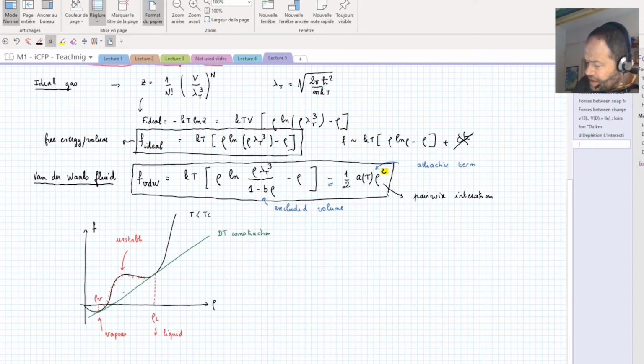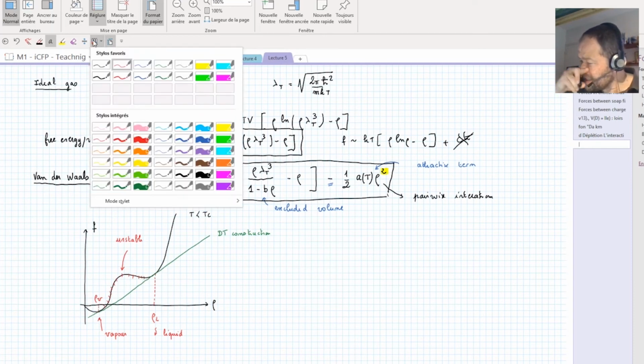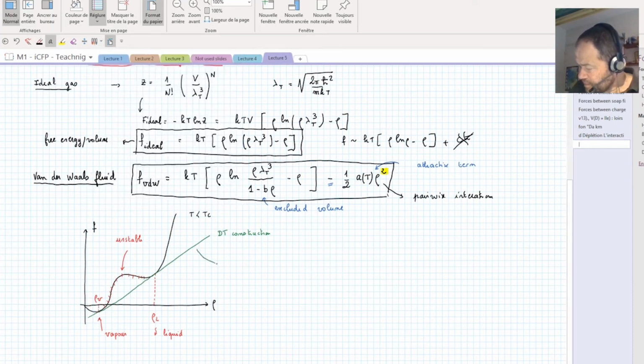What is interesting is that you shall remember more or less what this slope here is. And do you know what it is?